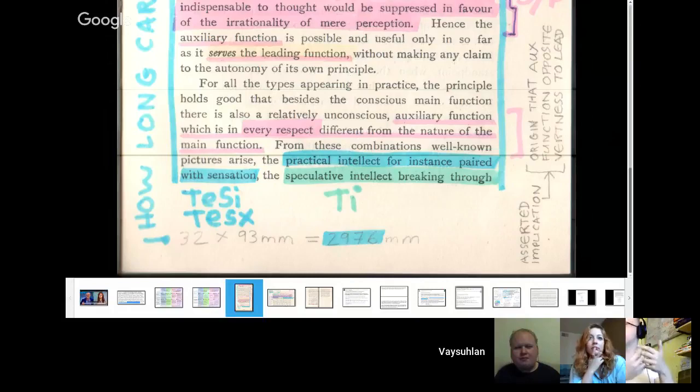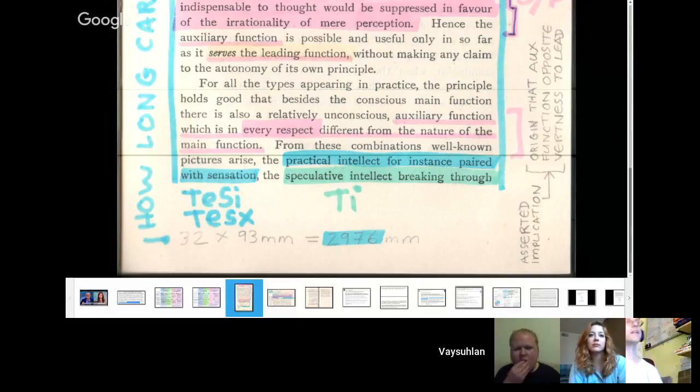That would make you think that MBTI is correct. Because, for example, Joe, in your case, you lead with an extroverted perceiving function, and the auxiliary function is an introverted rational function. So that's two differences, introversion and rationality, irrationality.